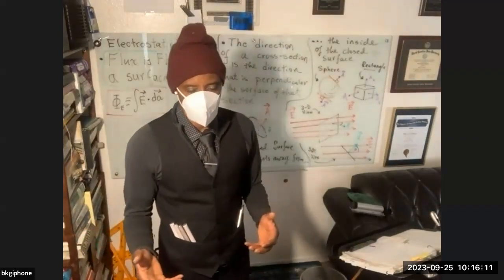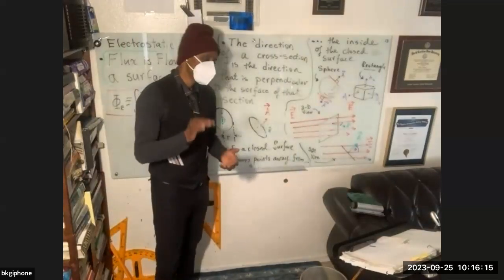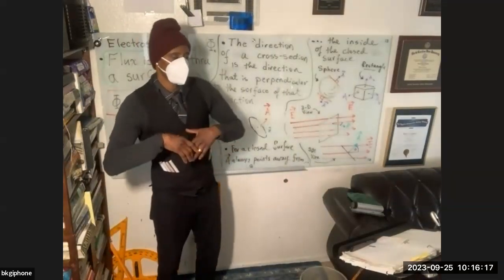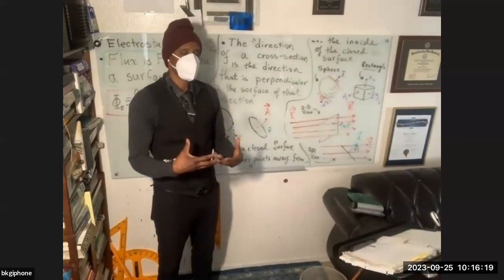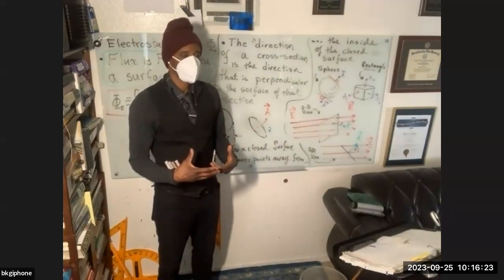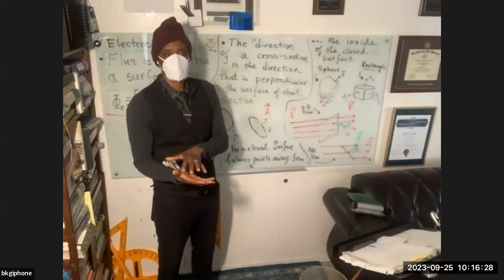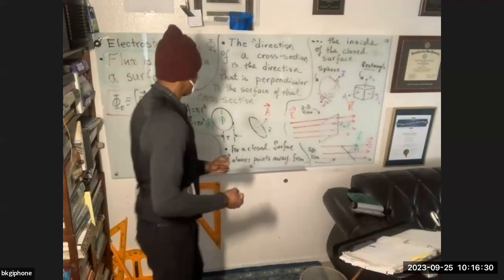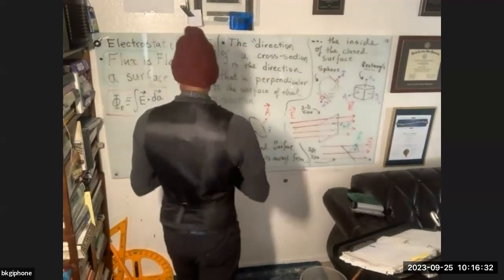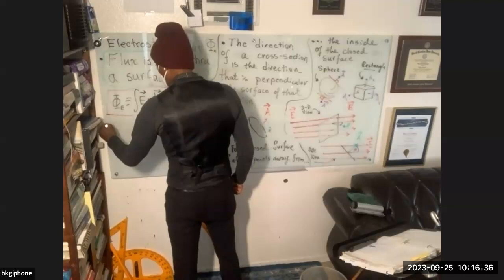I can review it really quickly here. Essentially, a dot product is telling you the amount of one vector that is essentially parallel to the other vector. So, just a quick review of the geometrical implications of the dot product.